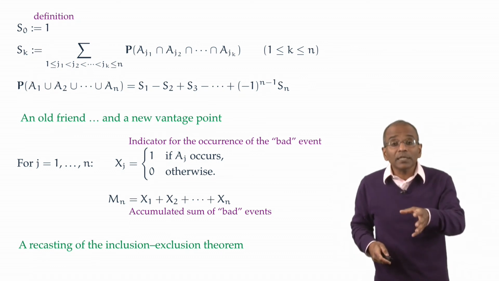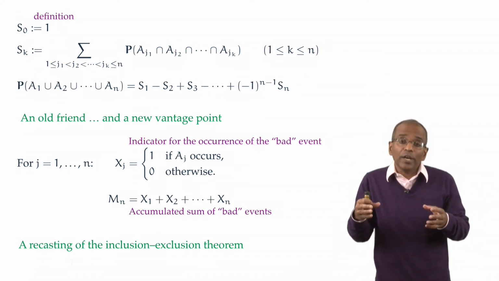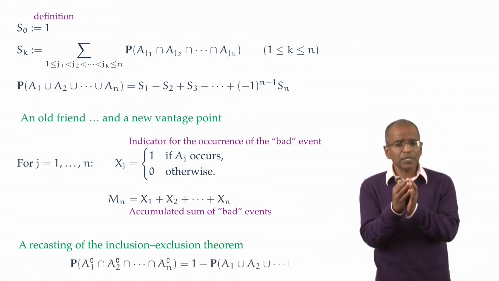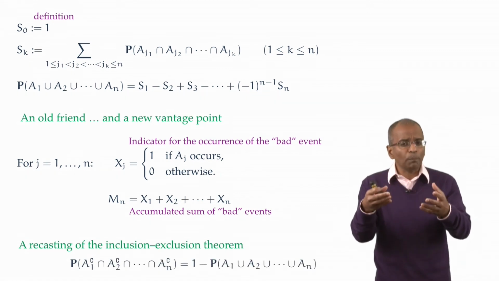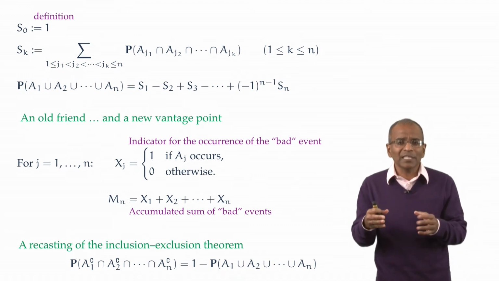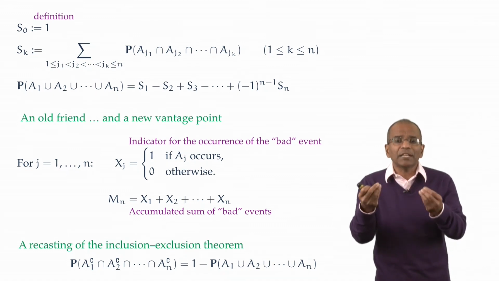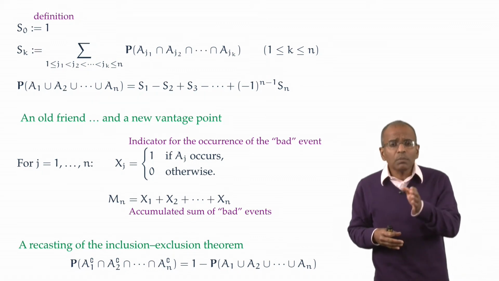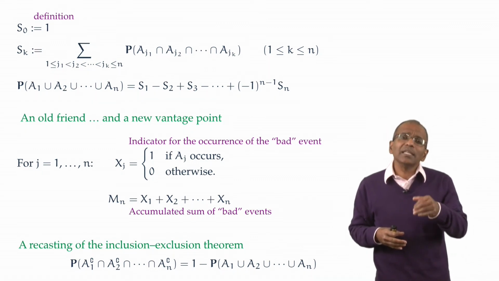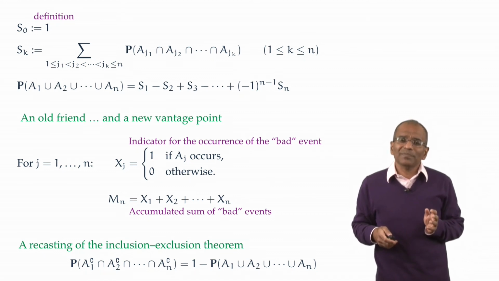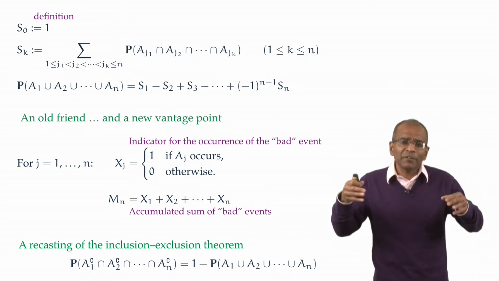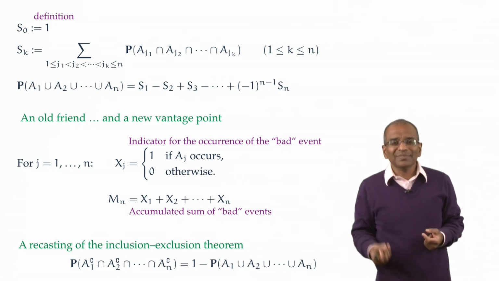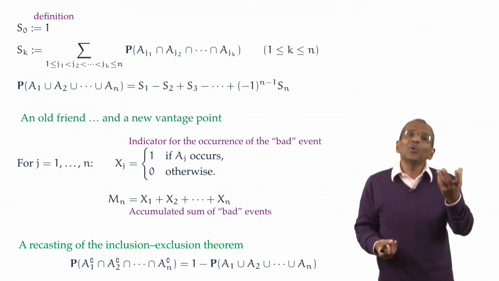The probability of nothing bad happening is clearly the obverse or the complement of this, and therefore the probability of the intersection of the complements of all these events, the probability that no bad event occurs, that only good events occur, is 1 minus the probability that any bad event occurs. Of course, this is simply additivity. We partition the space into two pieces, a bad union and its complement, a good intersection.